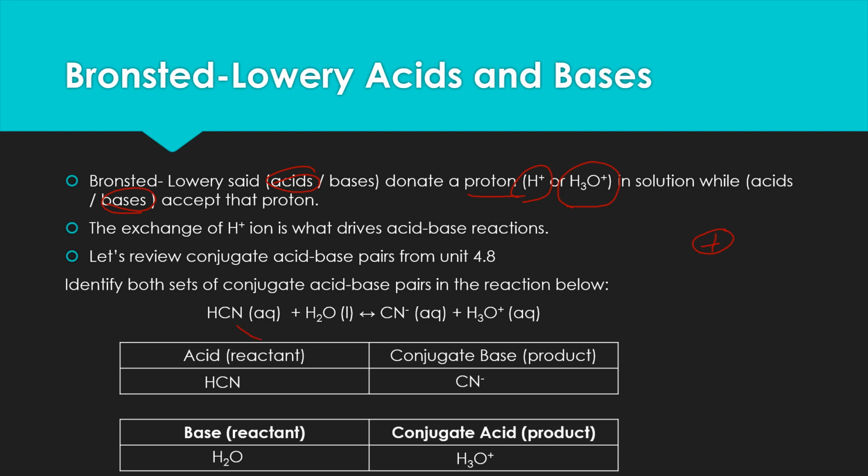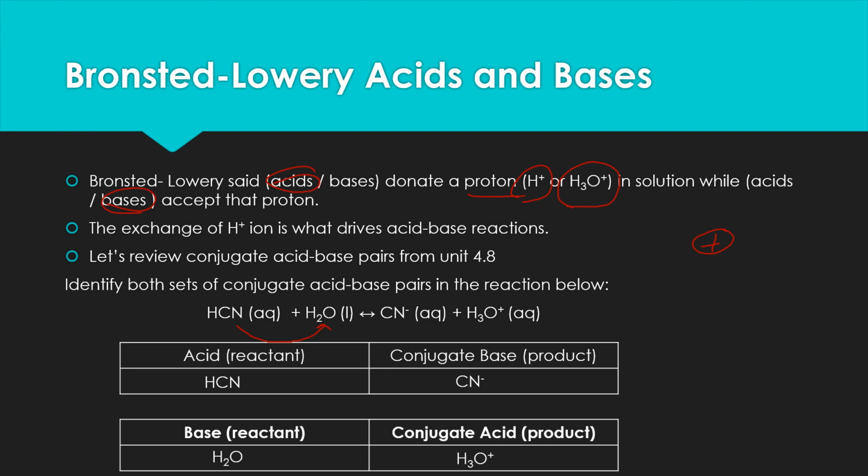So the acid gave the base its hydrogen ion. So the water and the hydronium ion are a conjugate acid-base pair, again, different by only one hydrogen. Notice that when it gained that hydrogen, it gained the charge that came with that hydrogen. It went from being neutral, gained something positive, so it becomes more positive.